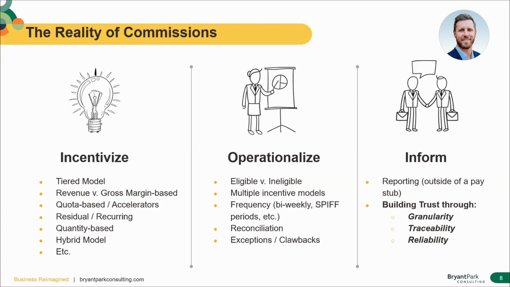But also, as a sales manager or sales leader in the organization, understanding and tracking that performance, because that reporting and insight gives better granularity, better traceability and reliability of data to build trust with your sales organization, that they know they're getting compensated on everything that's relevant to the activities that they're signed up to help sell at the end of the day.